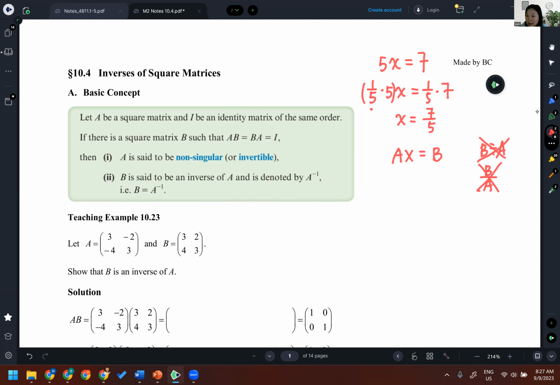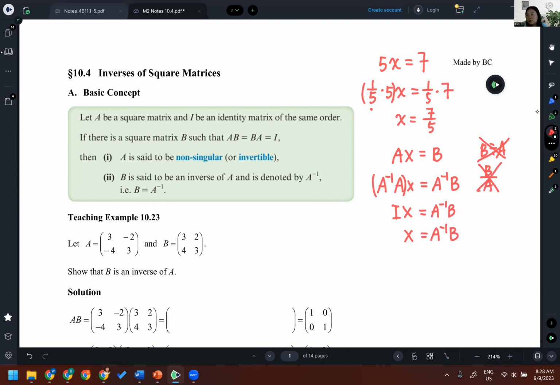I'm interested in finding the inverse of A. If I could find the inverse of A, let's say I call it A inverse, then I will be able to multiply. And these two, because they are inverse of each other, their product should equal I, which is the identity. And I times X should equal X.